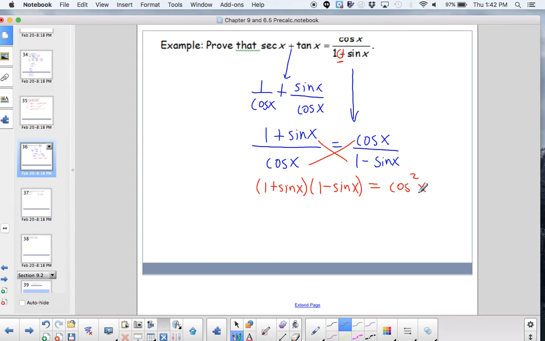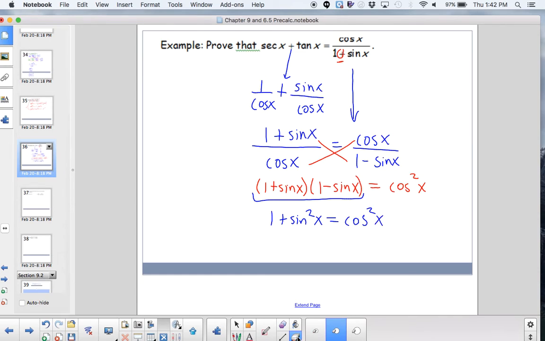Okay, here again on this left side, I have a difference of squares that's been factored, so I'll just change it back, which is 1 squared minus sine squared x equals cosine squared x. And then we realize once again, I must have had a sign issue here again. 1 minus sine squared x.